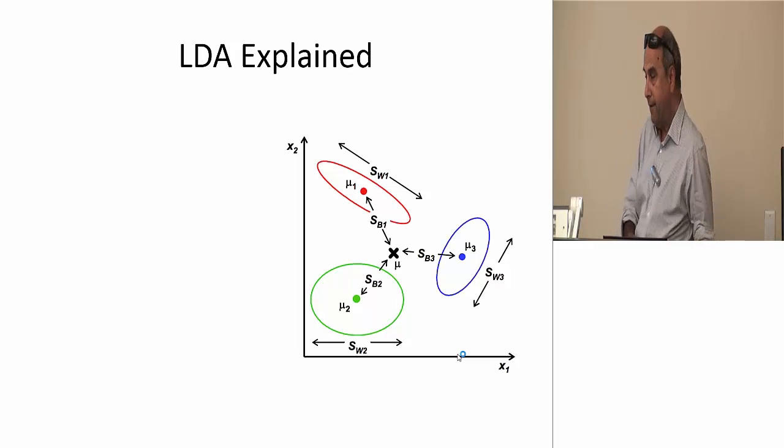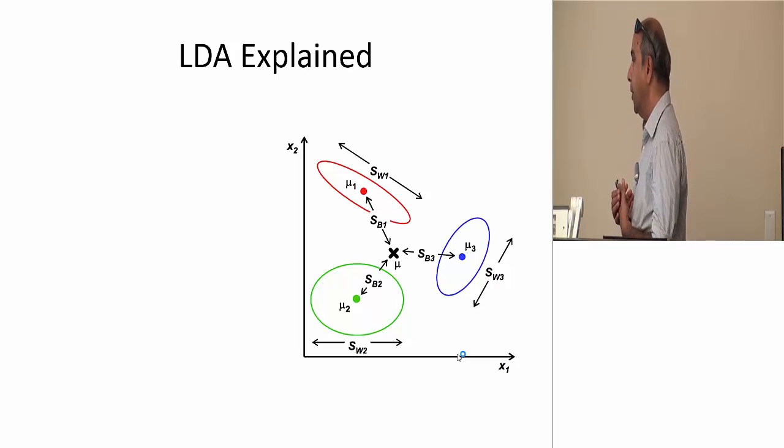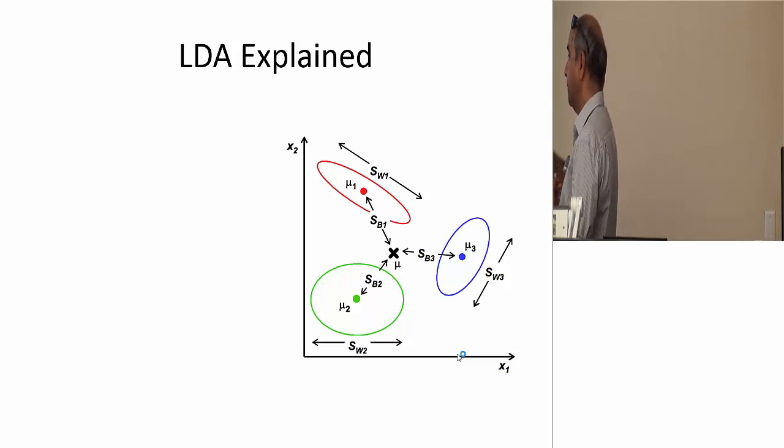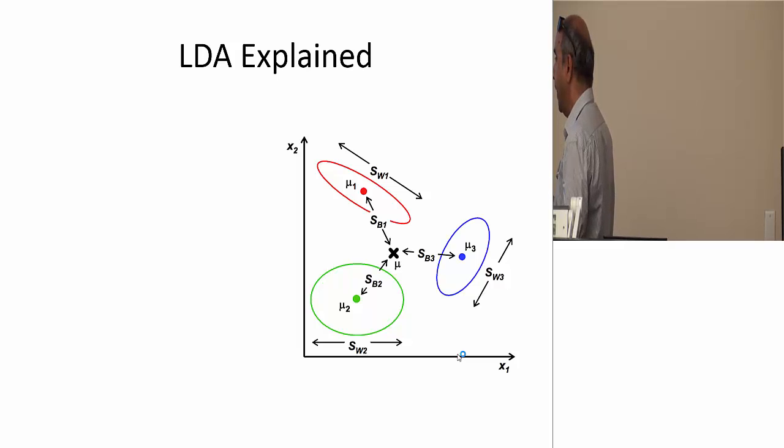So if you have something like this, you have here 3 classes: the green one, the blue one, and the red one. The means are given, mu1, mu2, mu3. And for each one we are also given a scatter. SW2 is the scatter matrix for the second class, SW3 for the third one, and so on.